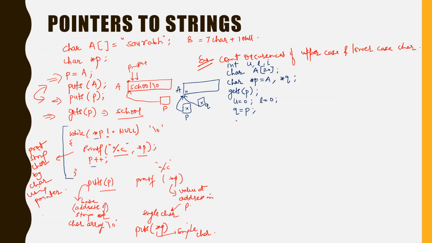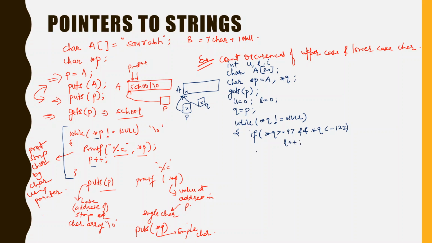So here how to scan it? We can scan it like this: while pointer q is not equal to null, you can write like this. And till then, what we can do: if pointer q is greater than or equal to 97, and pointer q is less than or equal to 122, it is printf, sorry, the lowercase needs to be incremented.